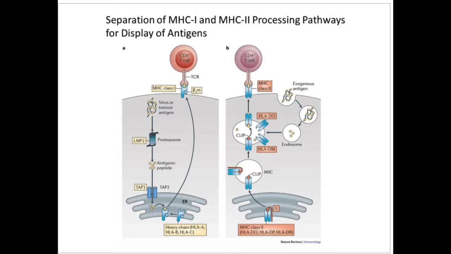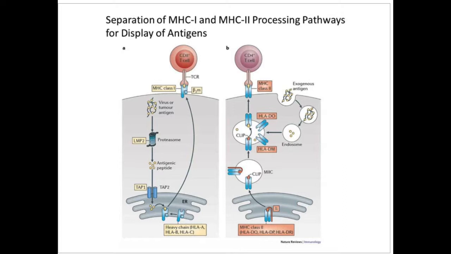What the CD8 T cell processing system does is it samples the endogenous antigens in the cell. And these can include viruses, which are in the cytoplasm, and these proteins, large proteins, actually get chewed up by a proteasome, which you see in the middle there.